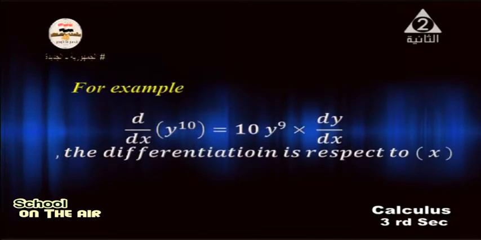For example, the derivative of y to the power 10 with respect to the variable x equals 10 y power 9, which is the derivative of y power 10, multiply dy dx, which is the derivative of the function inside the bracket. Now, if we need to differentiate y power 10 with respect to the variable x, we must write dy dx because the differentiation is with respect to the variable x.